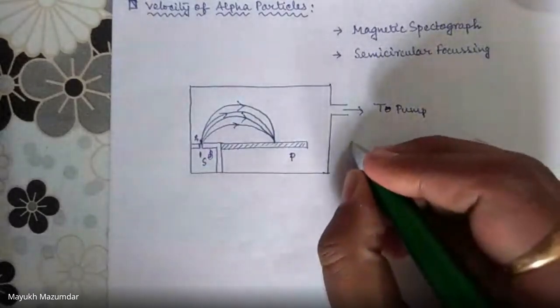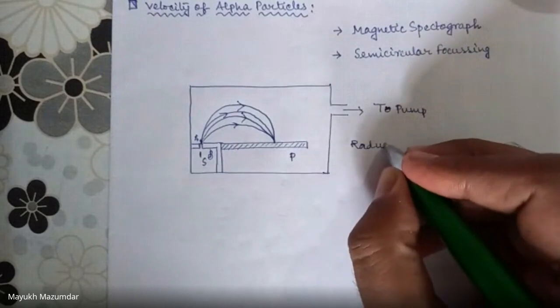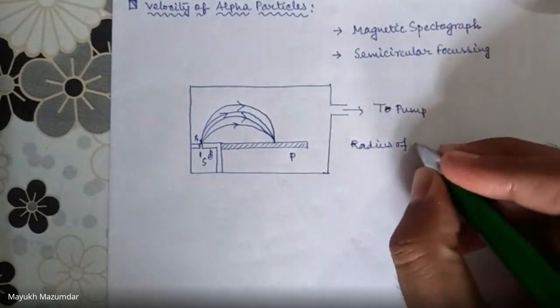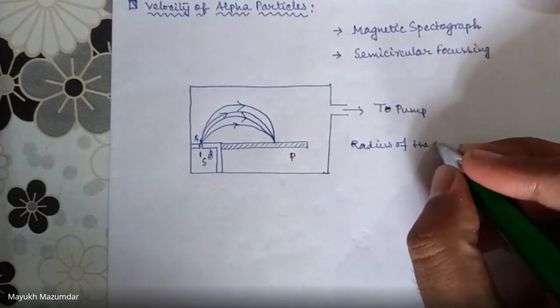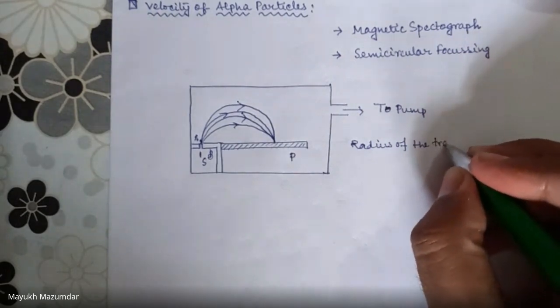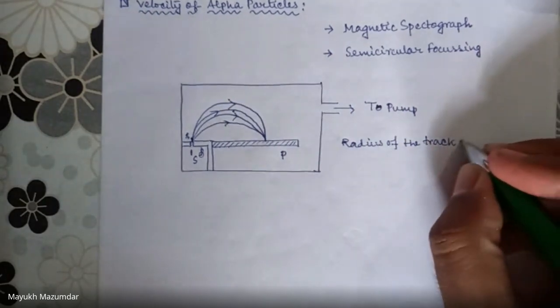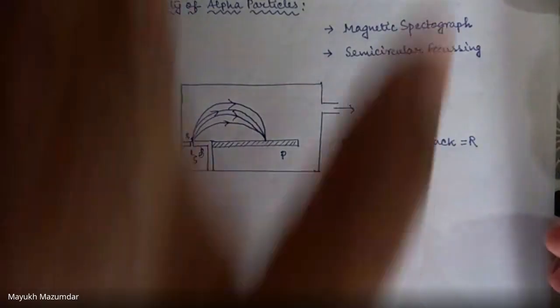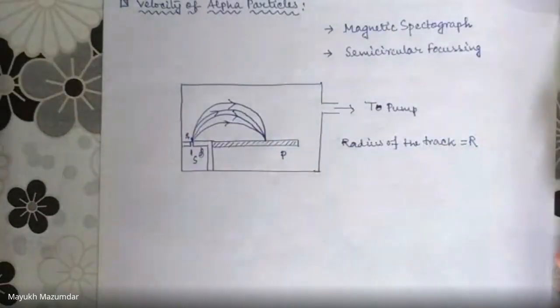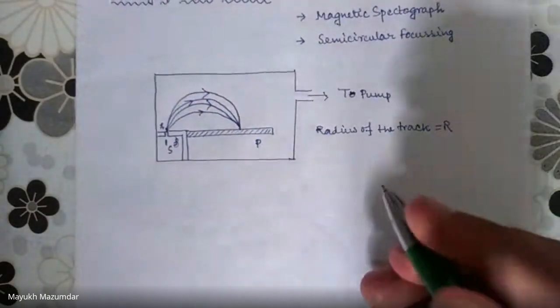So suppose the radius of the track, you can call it, is r. Fine.